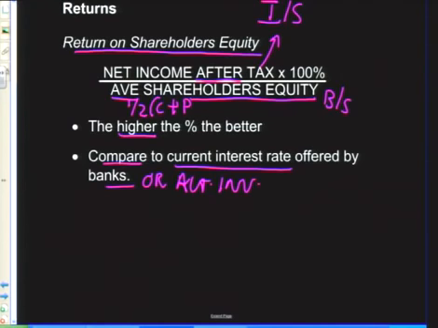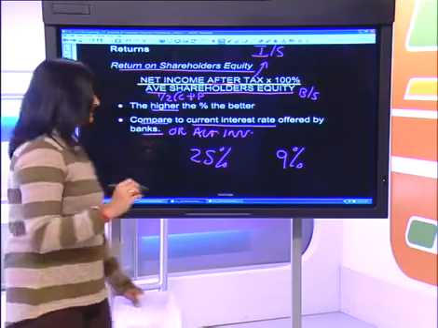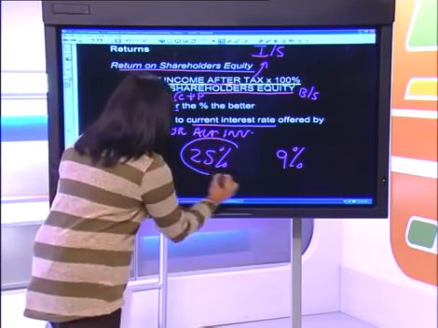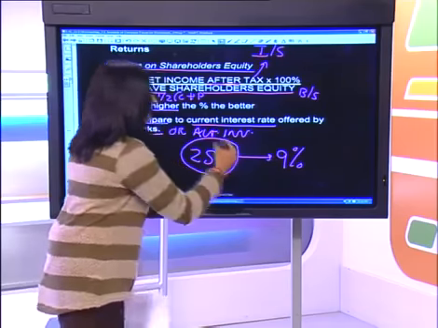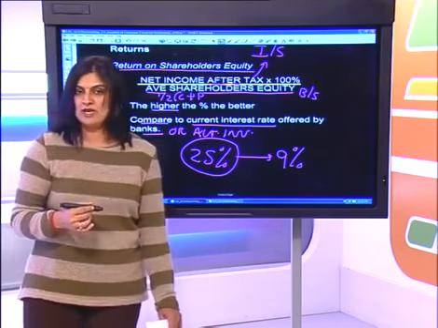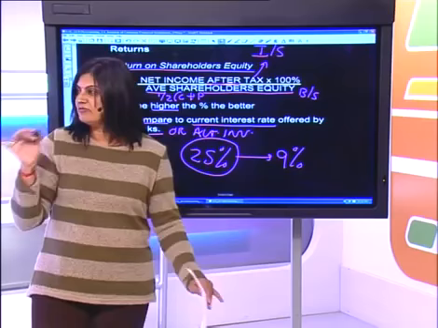So for example, if I get a return of, let's say, 25%, and if I compare this to the rates that are being offered by the banks, I'm not sure, guys, so don't quote me on this, let's say 9%, then it was worth me taking the risk because my return is much higher than what the banks would offer.